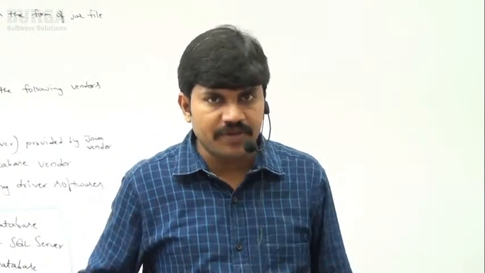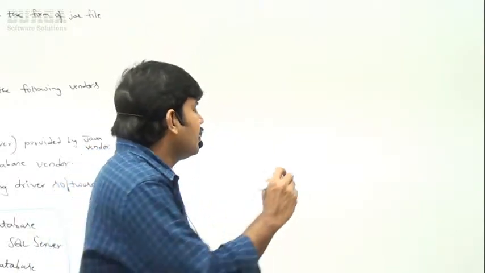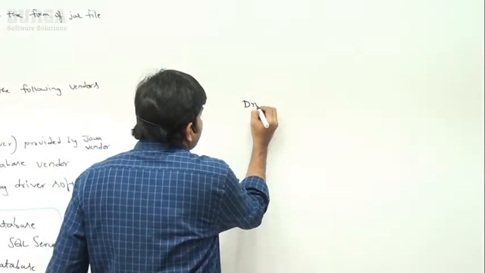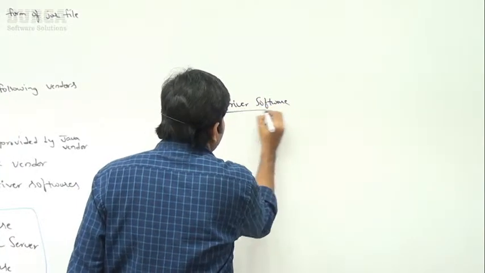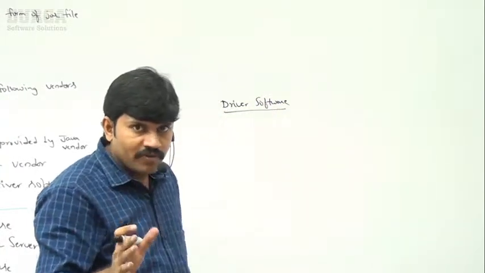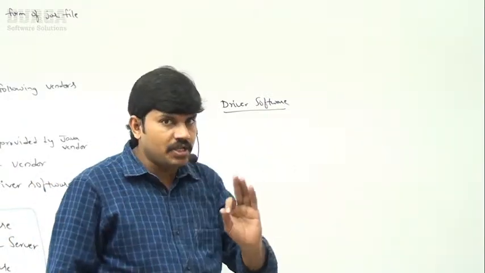Usually driver software is available in the form of jar files. Have you observed that? What is driver software? We covered it multiple times: a group of implementation classes of the JDBC API.